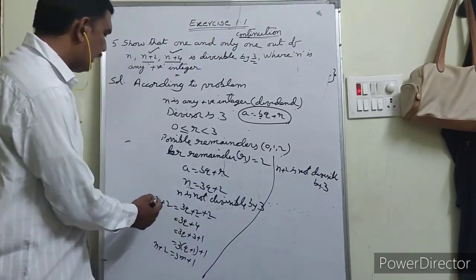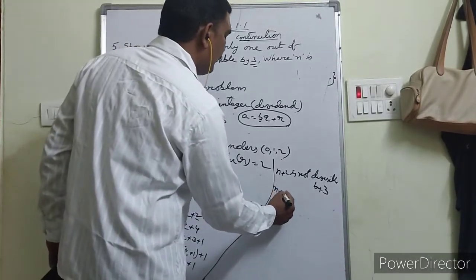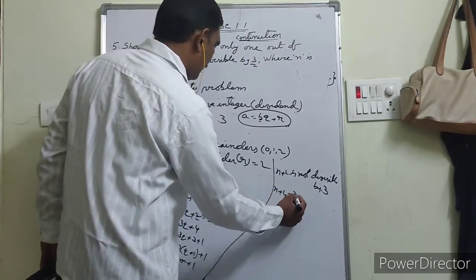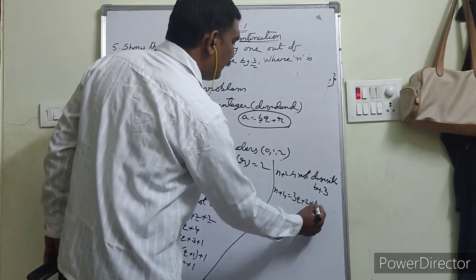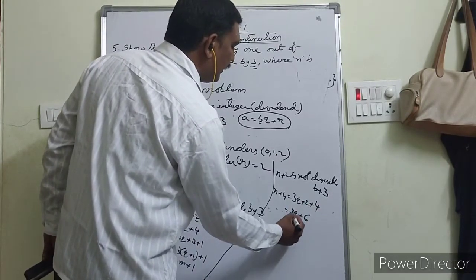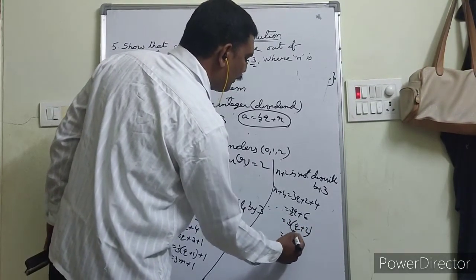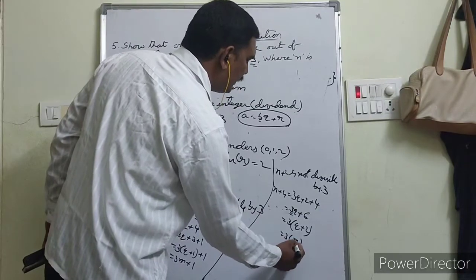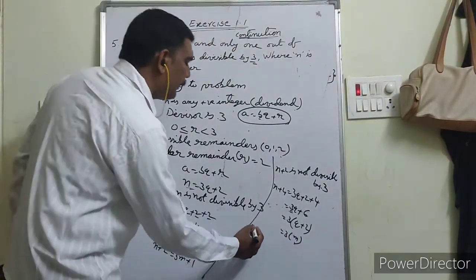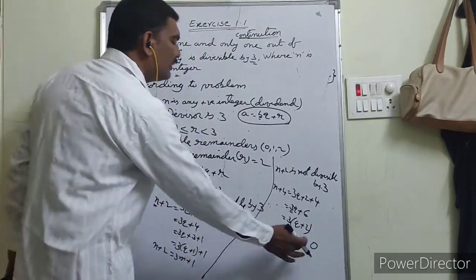Now again this n value you should substitute in n plus 4. So n plus 4 is equal to 3q plus 2 plus 4. Like terms: 2 plus 4 is 6. You can take 3 as common from these two terms: 3 into (q plus 2). q plus 2 you can assume as m. So n plus 4 is equal to 3m.